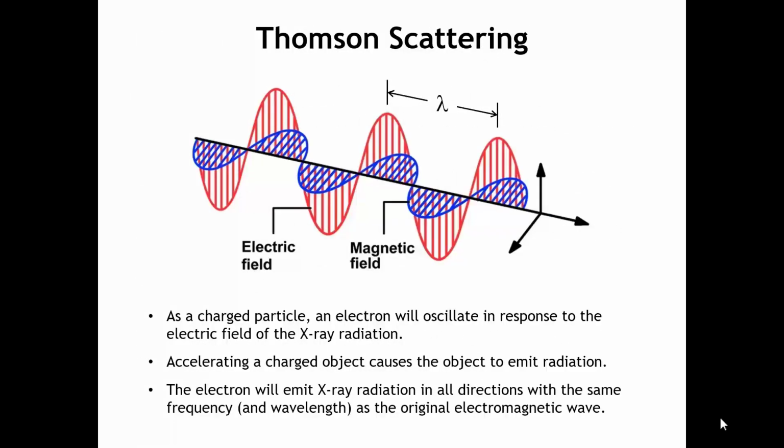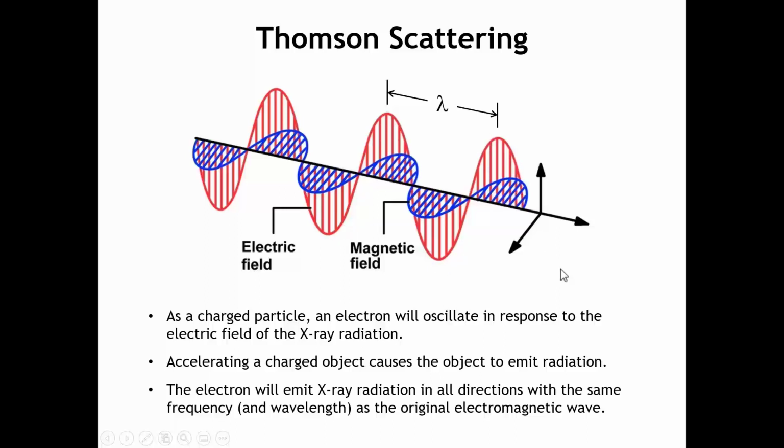What is the nature of the elastic scattering between electromagnetic radiation and the electron? Well, all electromagnetic radiation can be described as an oscillating electric and magnetic field, as we see in this schematic. Now, because the electron is a charged particle, it's going to respond to the electric field of the radiation. And that oscillating electric field is going to cause the electron to oscillate.